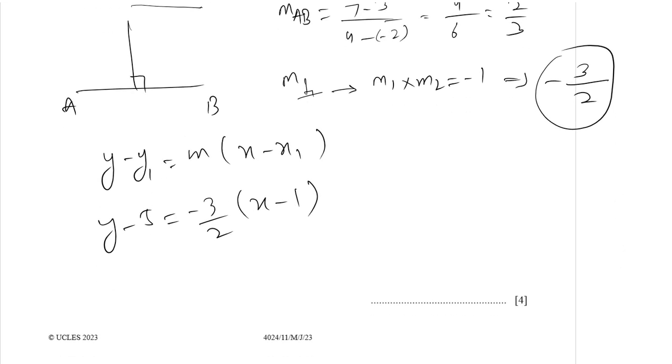Now you may simplify it a little bit. So 2y minus 10 would be equal to minus 3x plus 3, and this could be further written as 2y plus 3x is equal to minus 13.